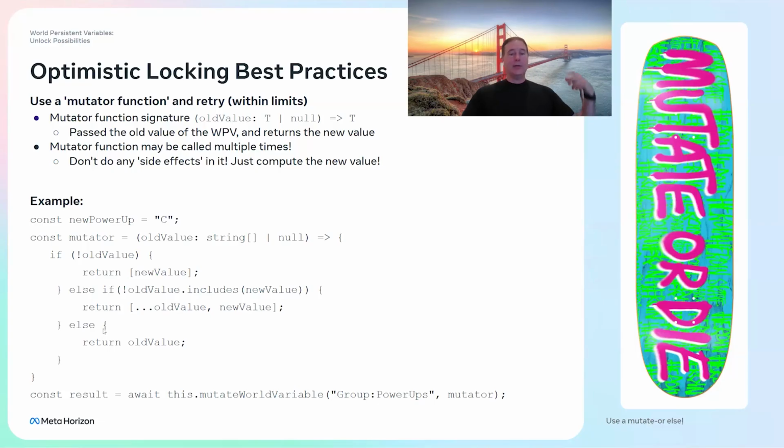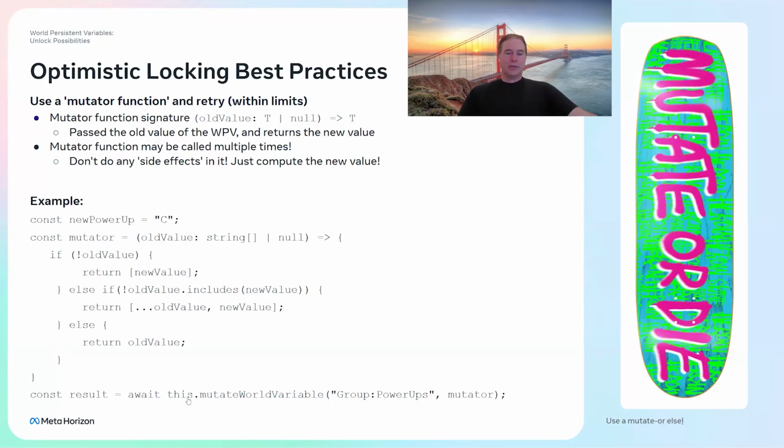Or if the old value already has my new value in it, I don't need to do anything, so I'm just going to return the old value. So this is a mutator function with no side effects. It just takes the old value, does some computation to figure out what the new value should be, and then returns it.